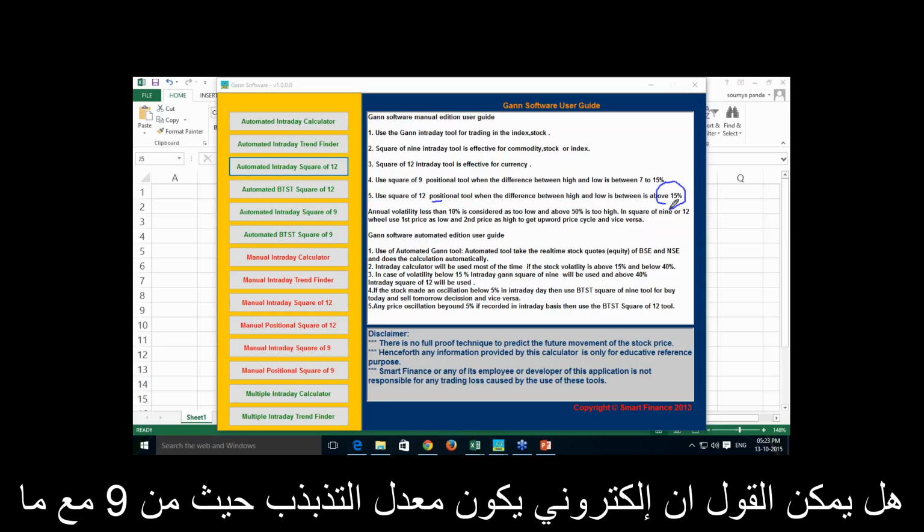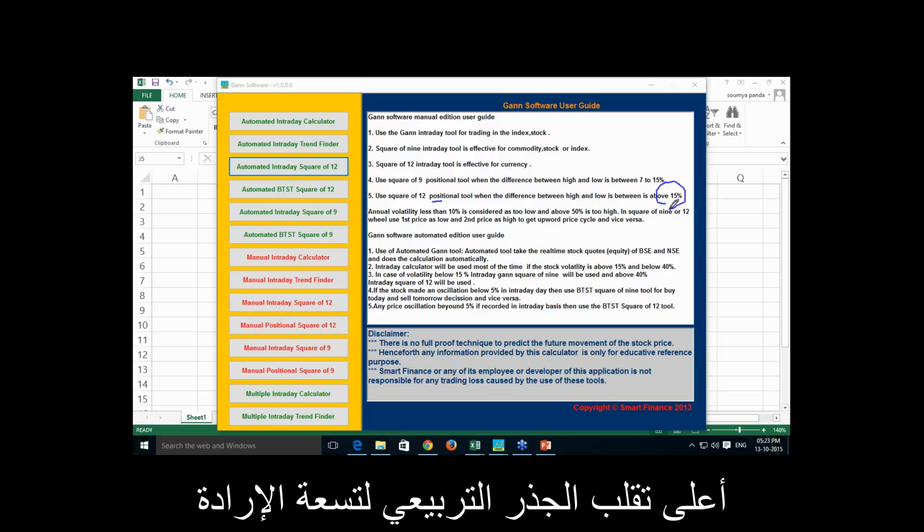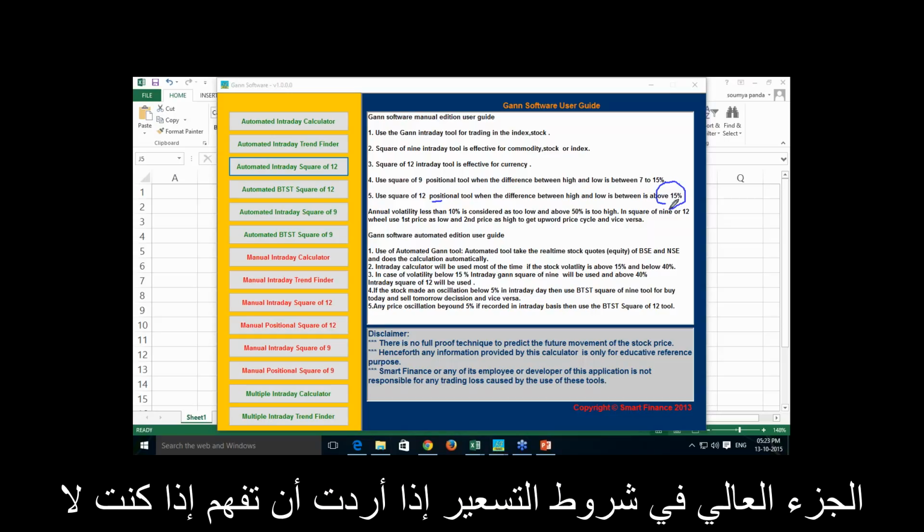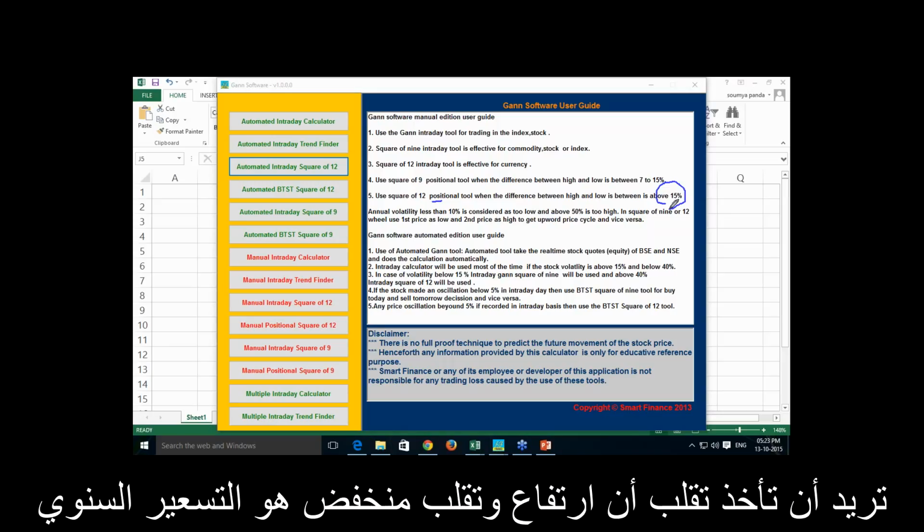Means the lower the volatility, square of 9 will work, and the higher the volatility, square of 12 will work.